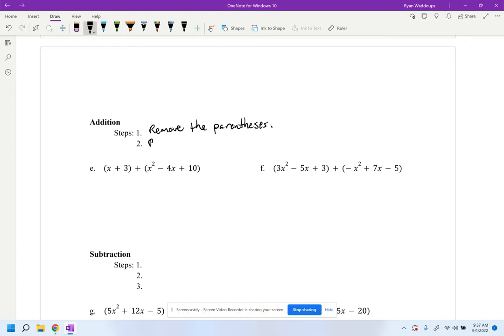And then rearrange like terms together and combine.